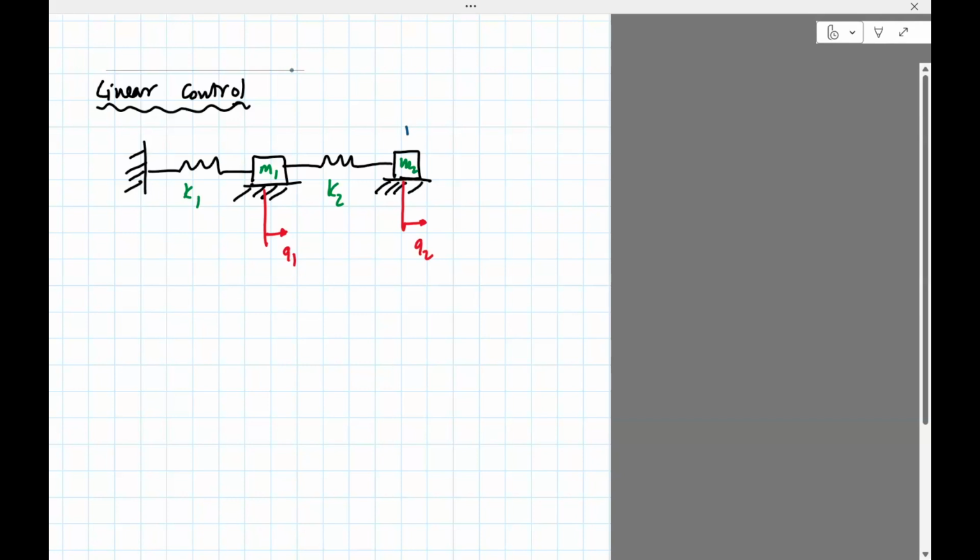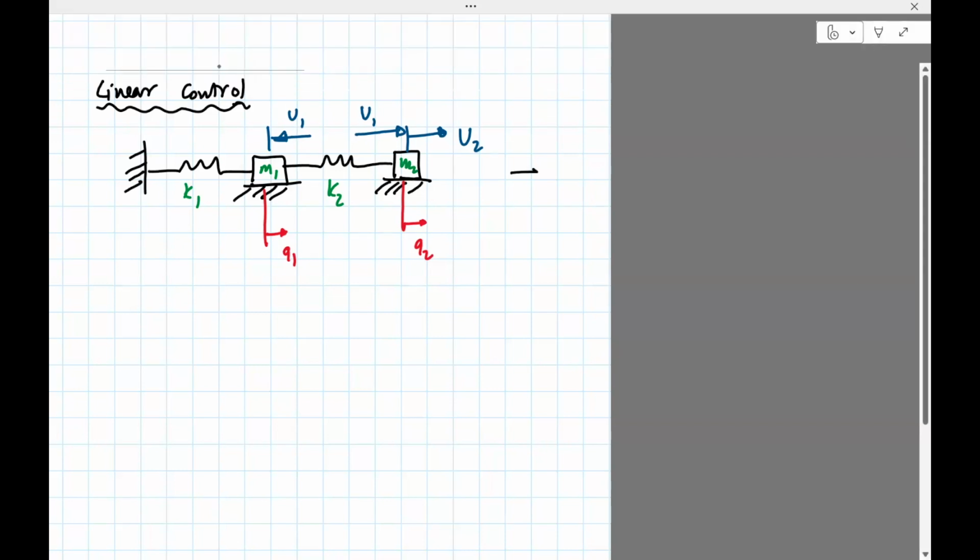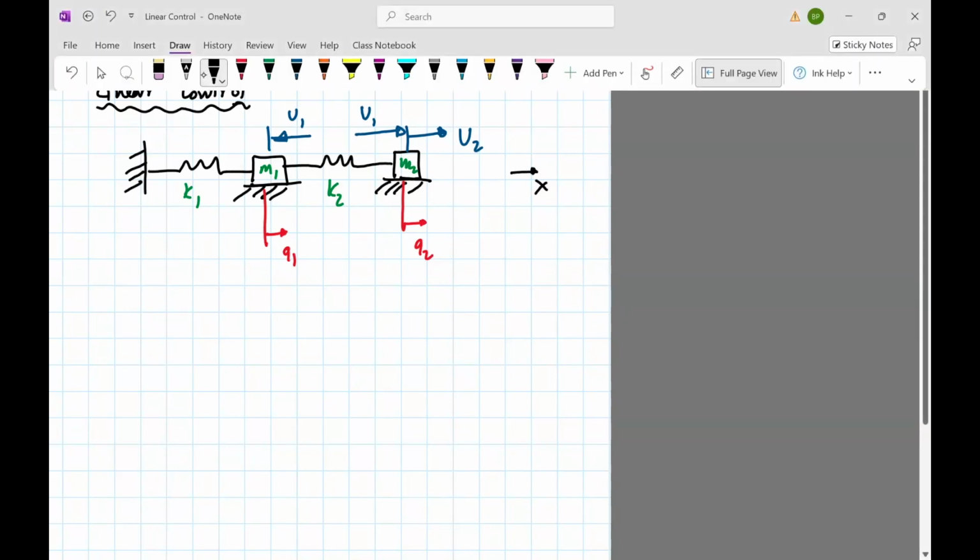So let's say that we apply a force U2 on this one, and then apply a force U1, there'll be an equal and opposite force here. And then of course movement is in the x direction. So it's a one-dimensional problem.